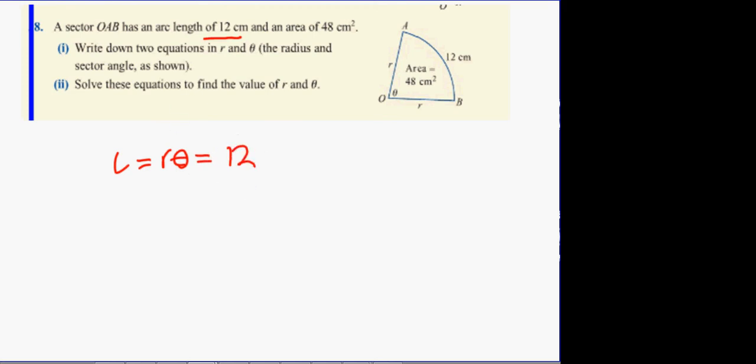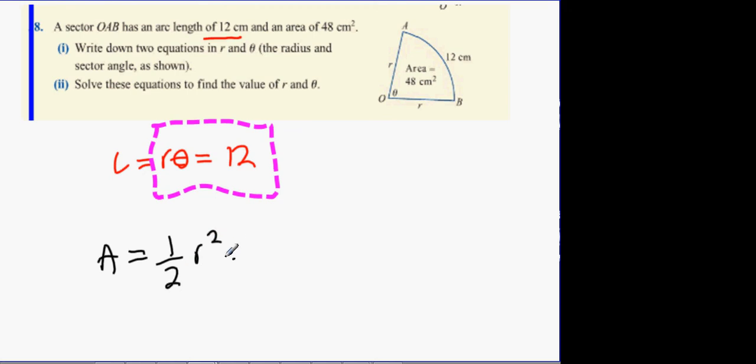That's one equation, right there, on the board. The next equation is, the area is 48 centimeters squared, which is a half r squared theta, so a half r squared theta equals 48.